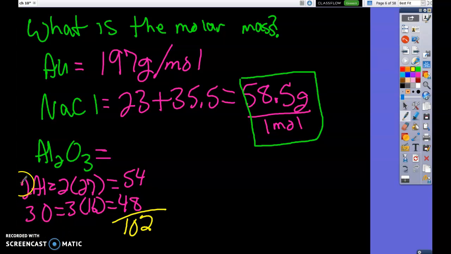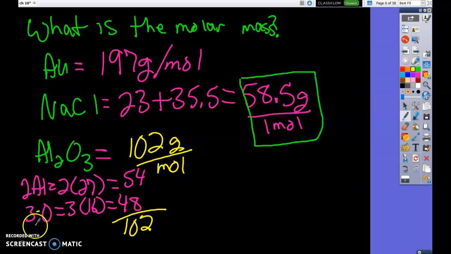Okay, so just to save time, I wrote that, so I have 2 aluminum. Remember we said aluminum is 27, but there's 2 of them. That's what this subscript means. So 2 times 27 is 54. 3 oxygen, so 3 times this 16, which gives us 48. So for aluminum oxide, the molar mass is 102 grams per mole.